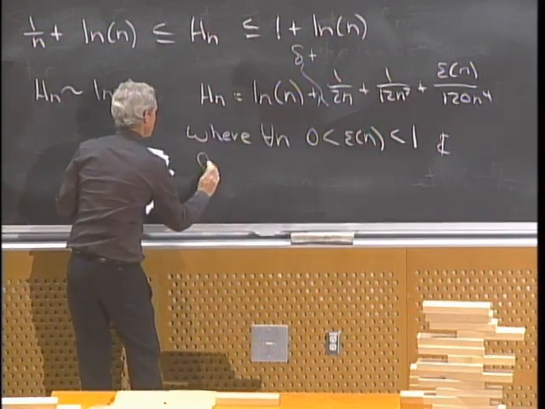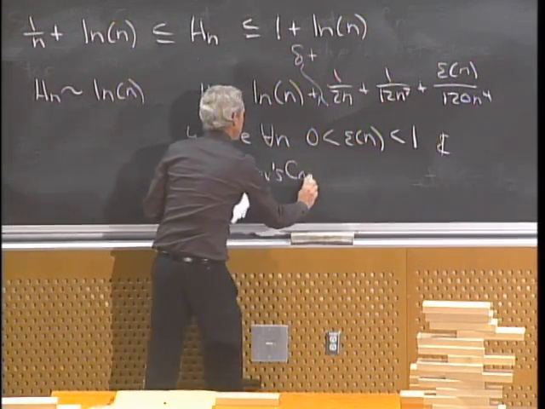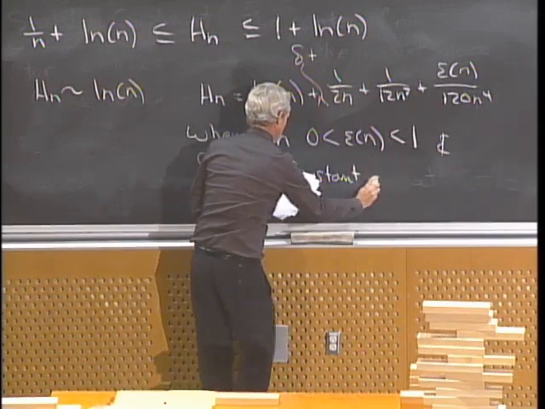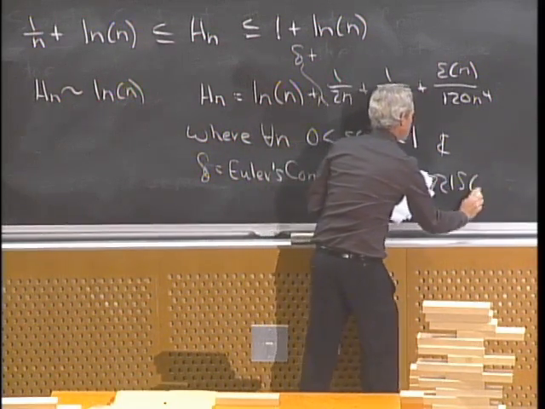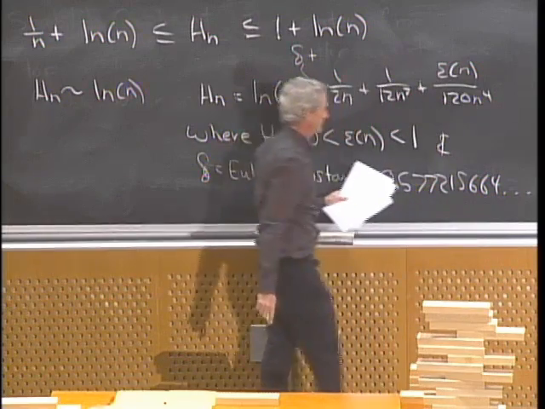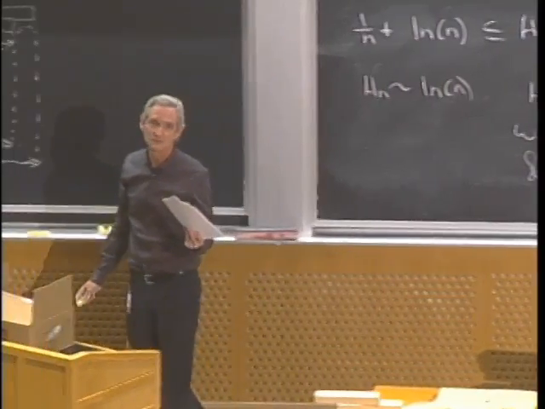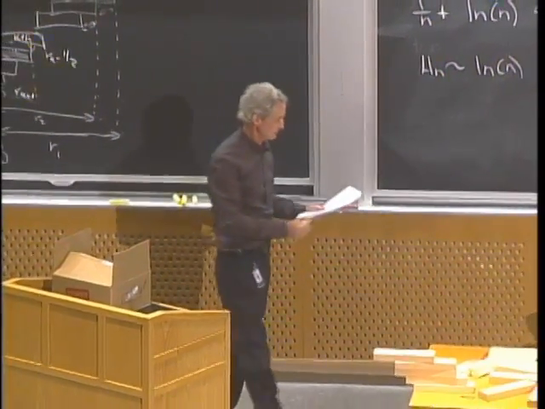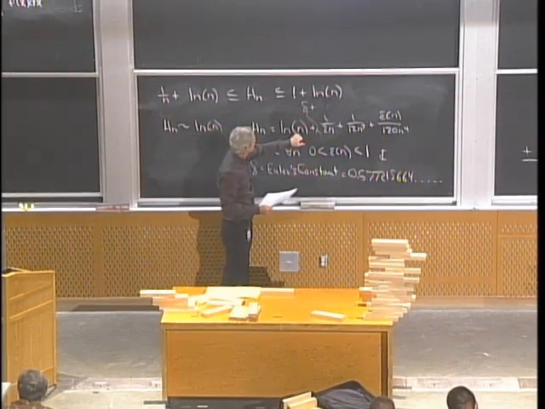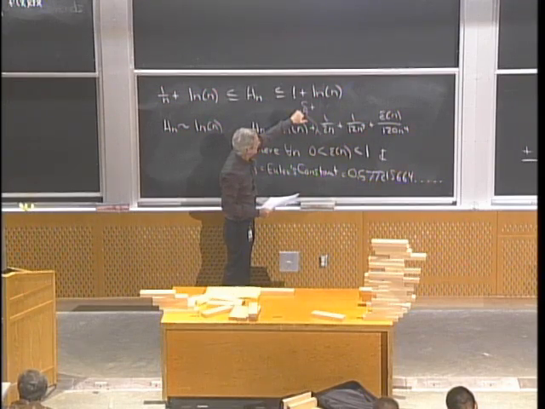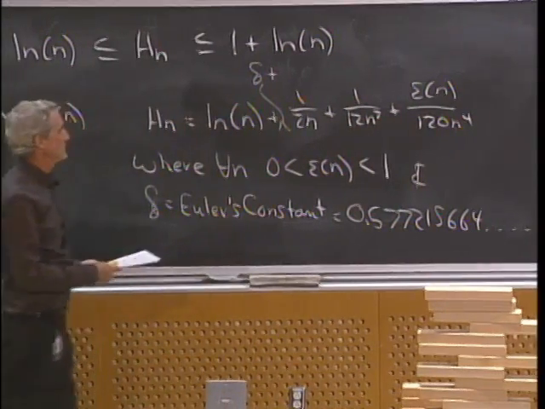Delta is called Euler's constant and equals 0.577215664 and some other stuff. And in fact, to this day, people don't know if this constant is rational or irrational. But they know it to a lot of decimal places. So basically, Hn is the log of n plus some fixed value between 0 and 1, as we knew it had to be, plus even some tail terms here that get very small as n gets large.